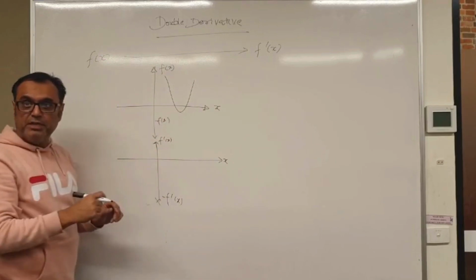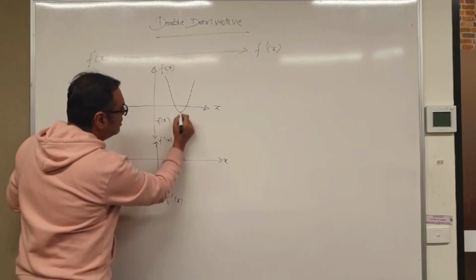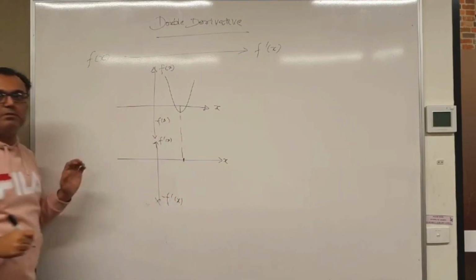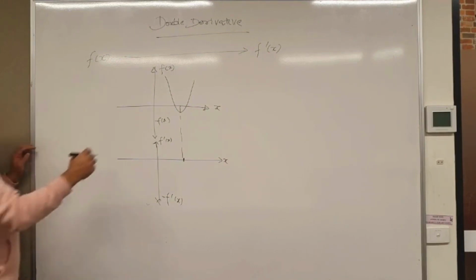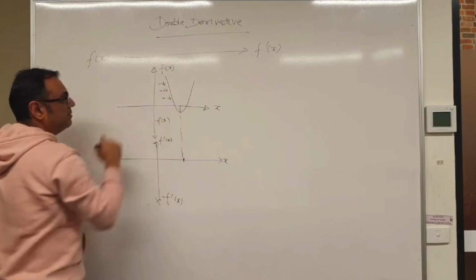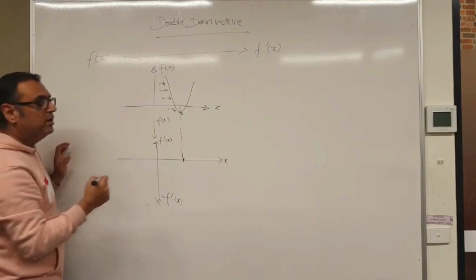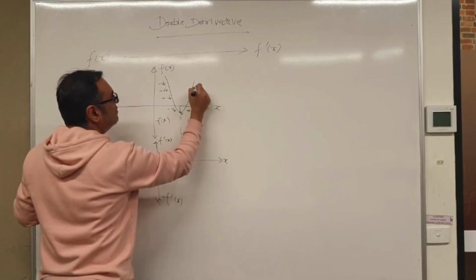Wherever the turning point is, that turning point actually becomes the x-intercept of the derivative graph. Remember that? And then we said, okay, this is a negative slope, negative slope, negative slope, and then negative slope becomes 0, and then positive, positive, positive, and so on.